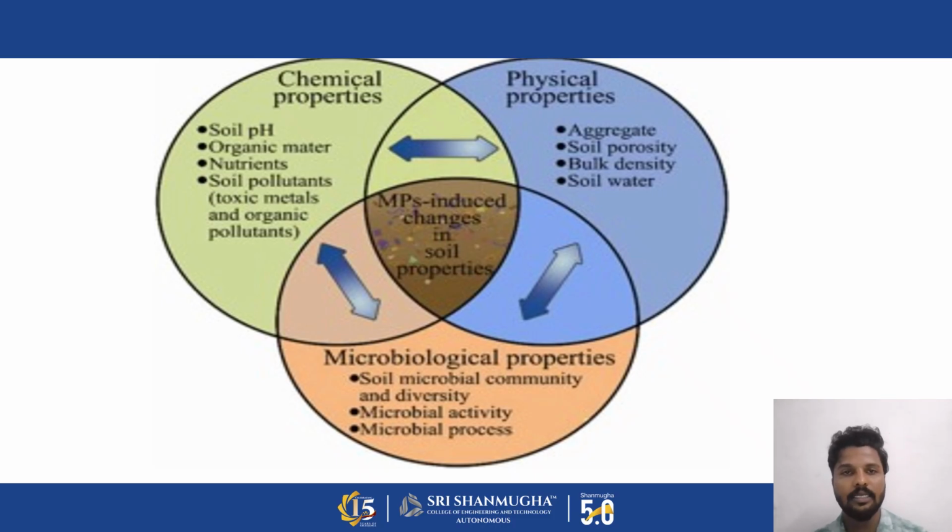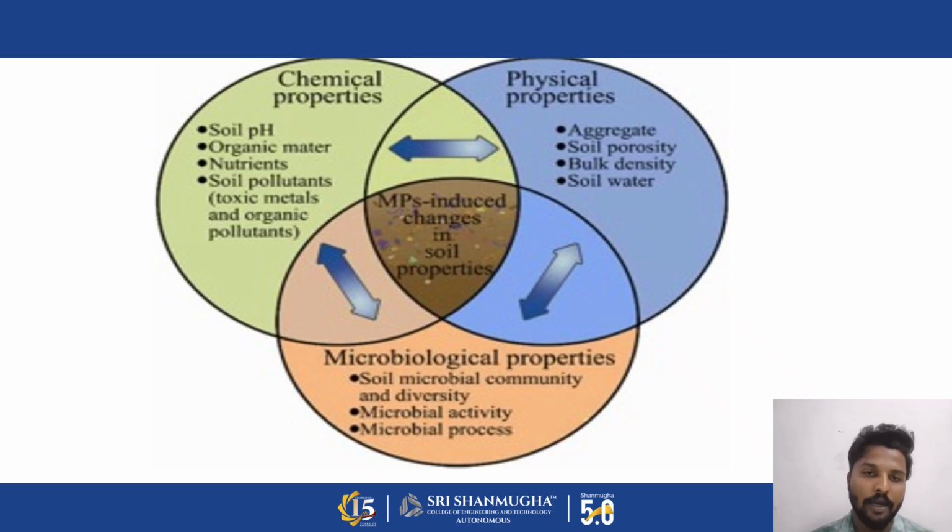The third circle indicates the microbiological properties. That is the bottom right circle. You can see in this Venn diagram, the bottom circle. These microbiological properties relate to the living components of the soil, which include bacteria, fungi, algae, and microfauna. So soil microbial community and diversity means the different types and total number of organisms living in the soil.